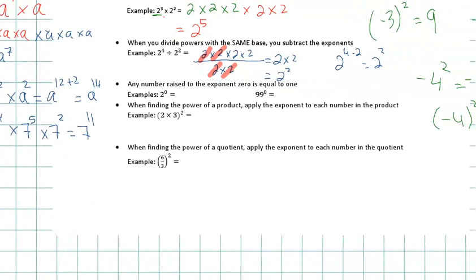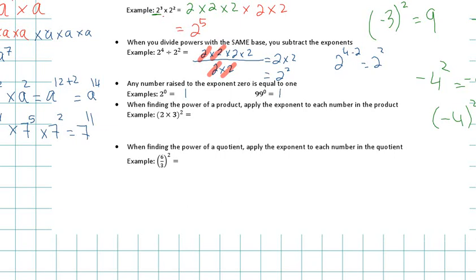Okay, so anything to the power of 0 is 1. Why is it 1? Wouldn't it just be 2 or whatever? That's a very good question. Let's see. It can't be 0 because there's a number to begin with, right?